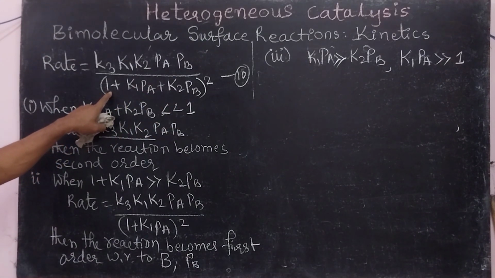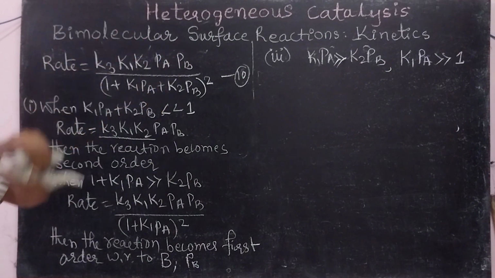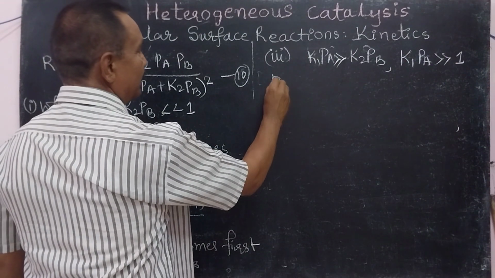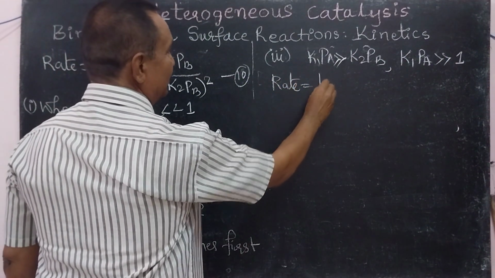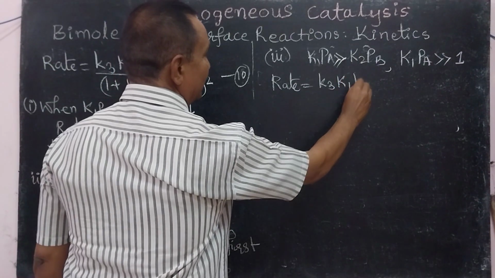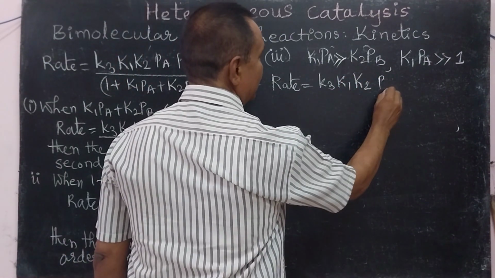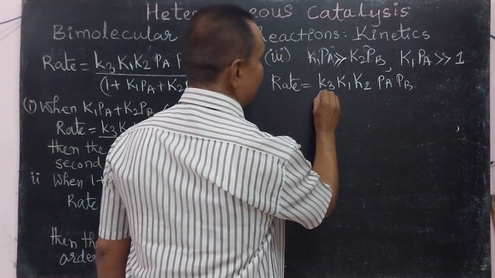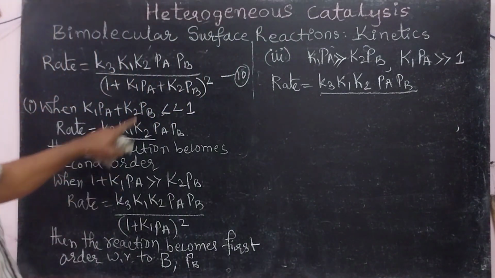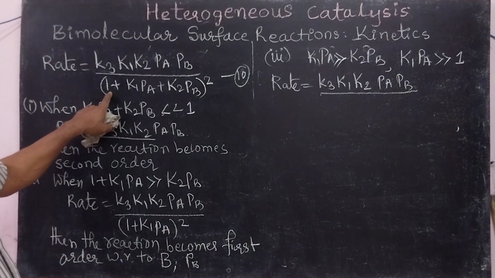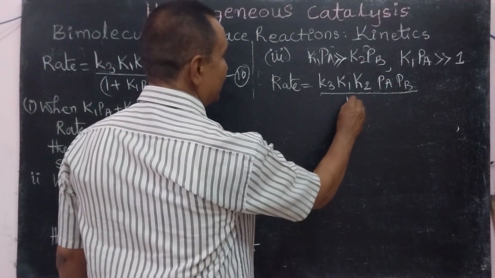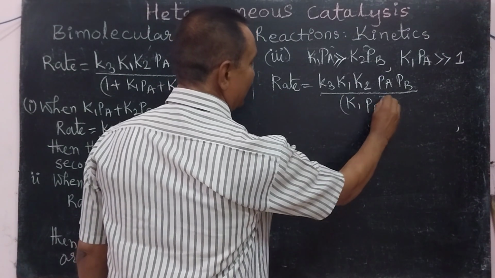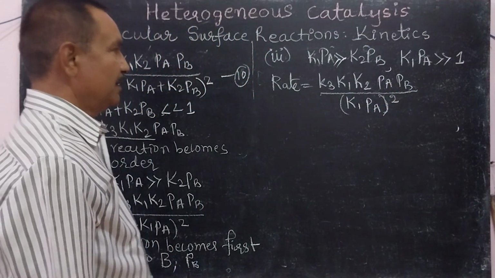Then equation 10 becomes rate equal to K3 K1 K2 PA PB divided by (K1 PA) square.